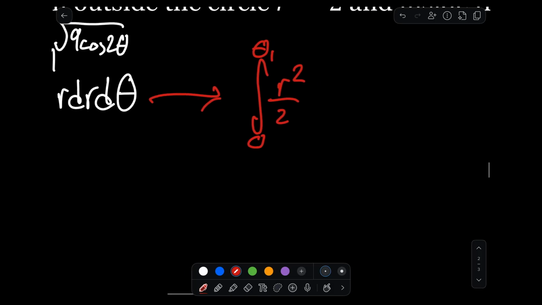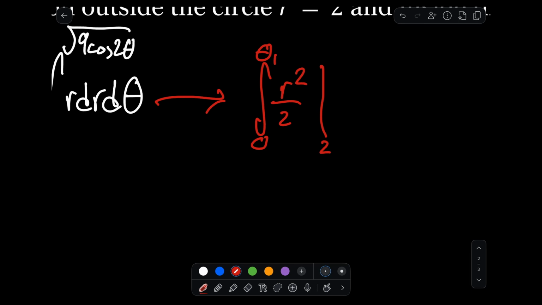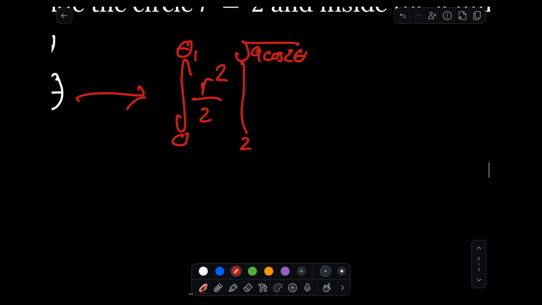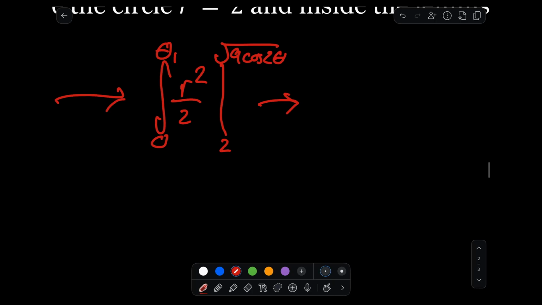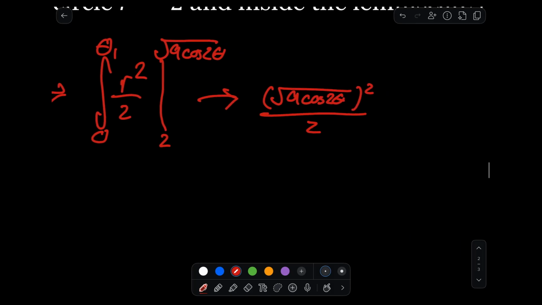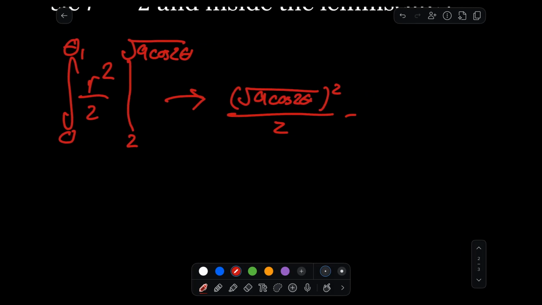we have this right here, and we're evaluating from 2 to root 9 cosine 2 theta. And then we get to this part, we have to actually evaluate it, and it's going to be the square root of this whole function minus 2 squared over 2.